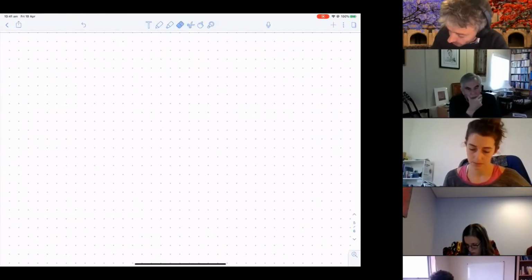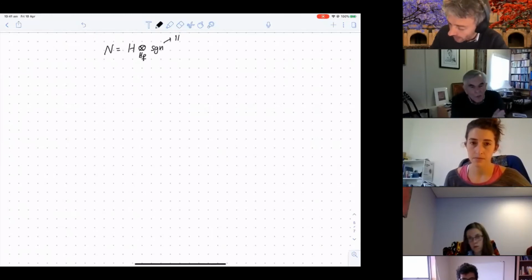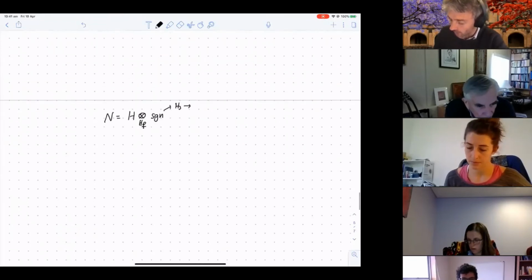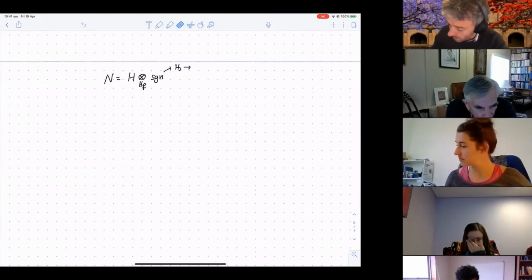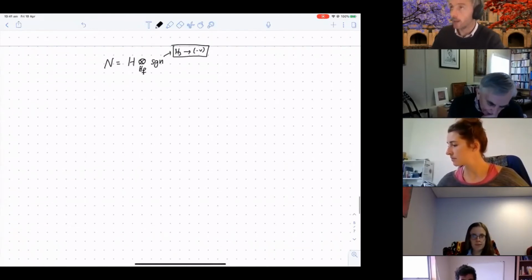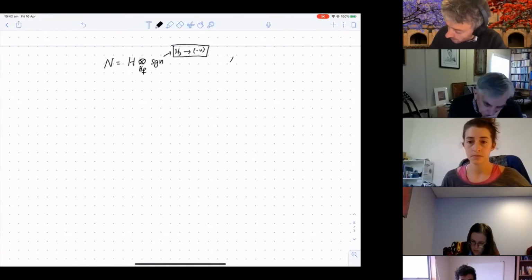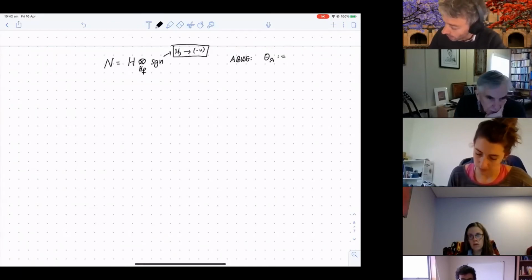So the anti-spherical module was N sign, and sign means that HS acts as minus V. And by abuse, I'll write theta lambda in the anti-spherical module for the image of theta lambda tensor 1.